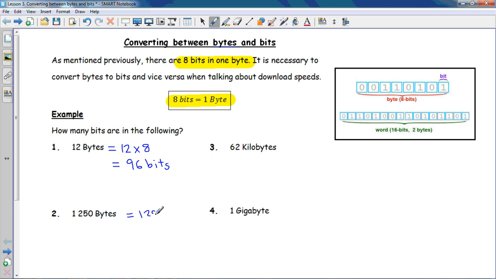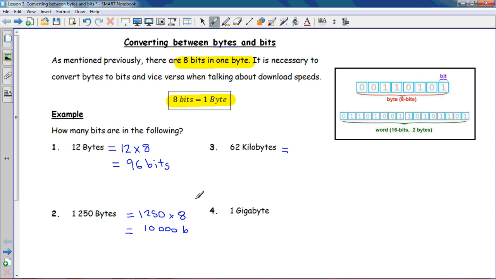How many bits? Just multiplying by 8. Now, don't forget, in any exam, in any situation, you need to make sure you are showing your working out. While you might think it's unnecessary to show multiply by 8, it is necessary because if you get the answer wrong accidentally, you will still get the marks if you've shown your working out.